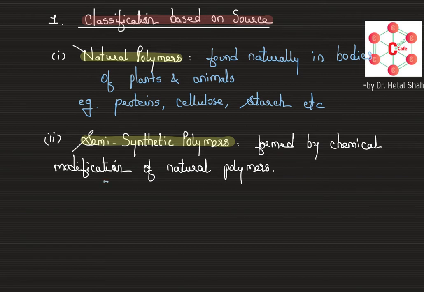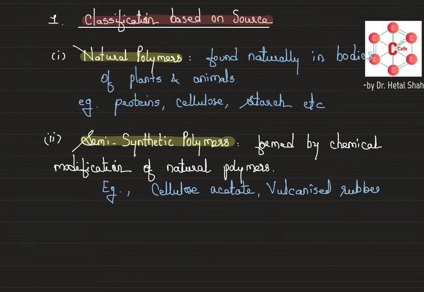Example, cellulose acetate, vulcanized rubber, cellulose trinitrate, etc. You know that cellulose acetate is formed by acetylation of cellulose.